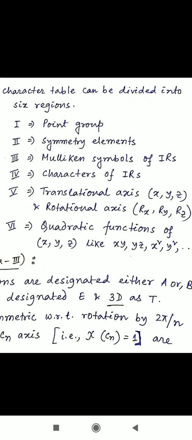Next, number 6 is the quadratic functions of x, y, z, like xy, yz, x square, y square, z square, and so on. These are the quadratic functions of the x, y, z coordinates.